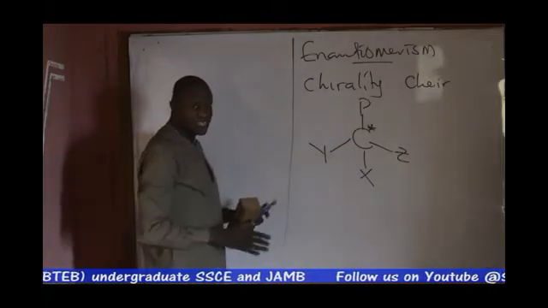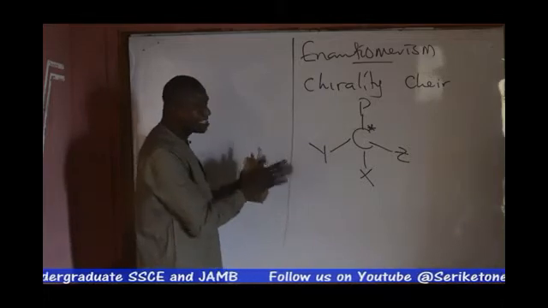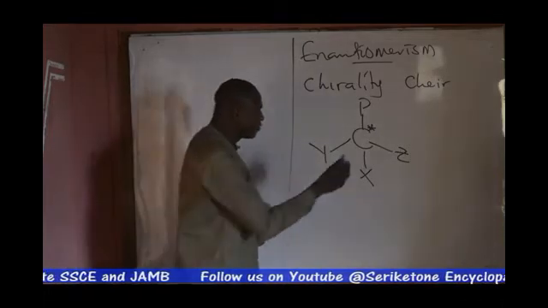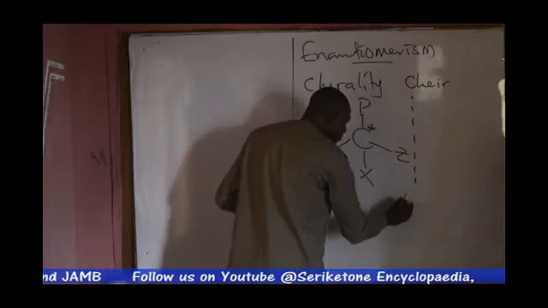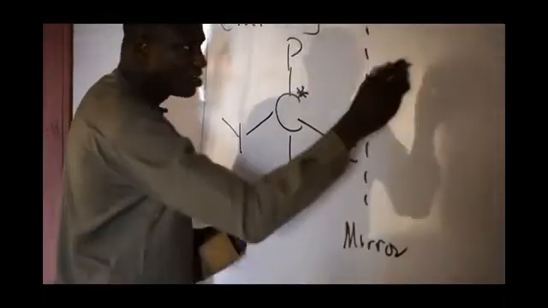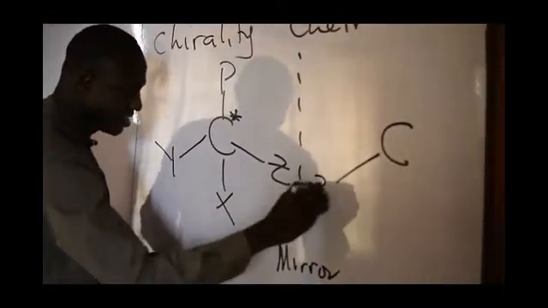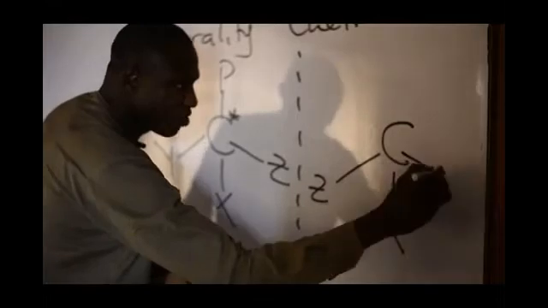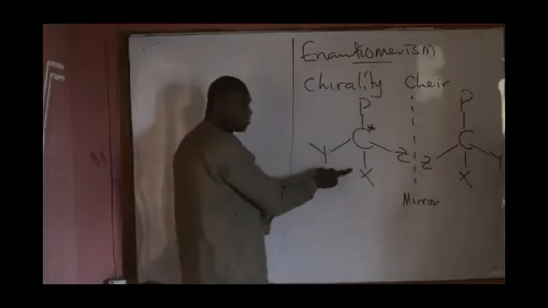And that's exactly it; there are some organic molecules that possess that characteristic. Meaning, if you place this in a plane of polarized light, you are going to have something of this nature. This Z will be here, then you have your X, your Y will be here, and you have your P. So this is the image of this.